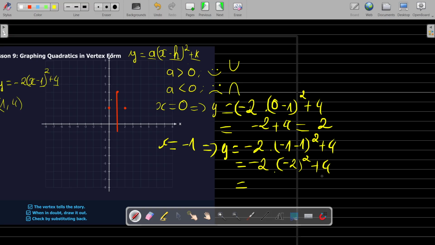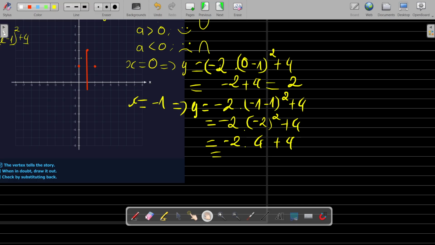Multiplication first, addition and subtraction later, so minus 2 times 4 is minus 8, plus 4, this gives us minus 4. So we found our next point, minus 1, minus 4.